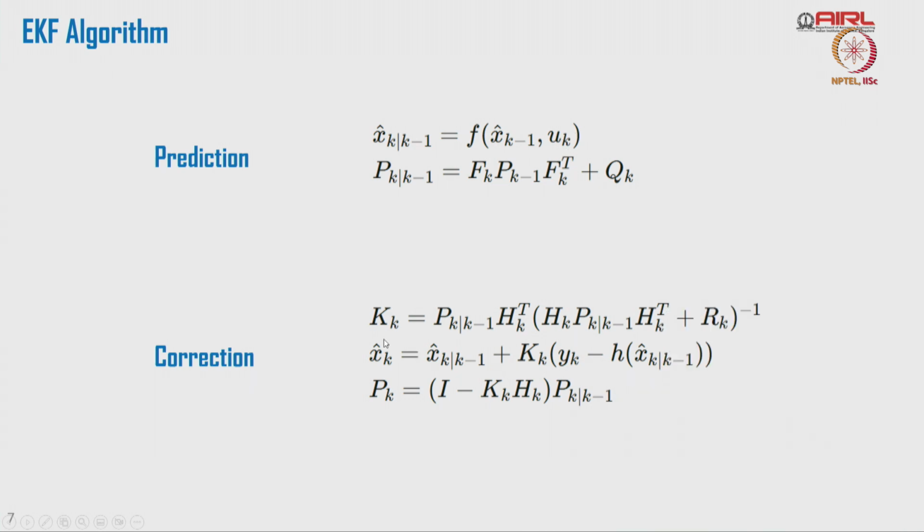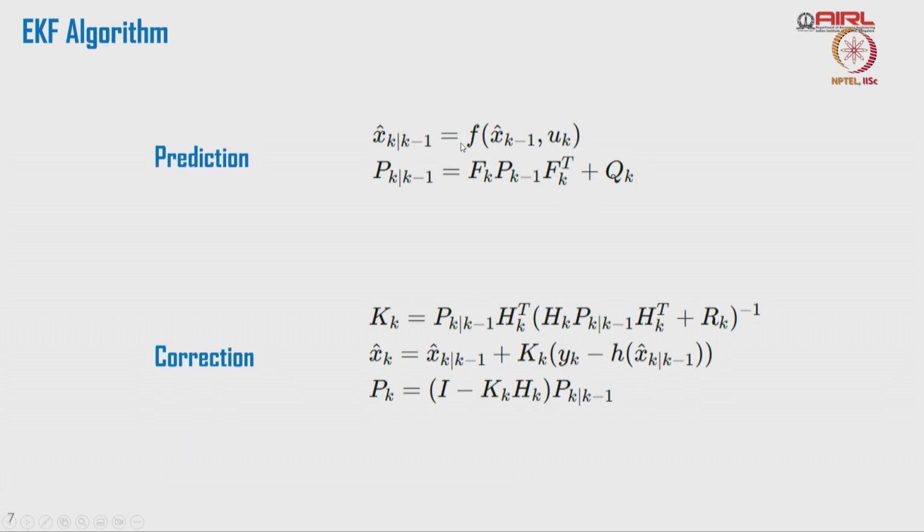Now, when it comes to the correction step, first we calculate the innovation vector, which is y_k minus h(x hat k minus 1). Then we derive the Kalman gain. Once we get the Kalman gain, we compute the estimated state x and covariance P at time k. So, these are the final outputs of the extended Kalman filter.